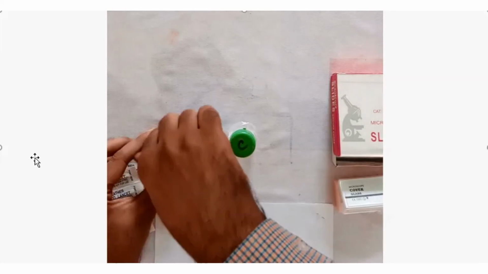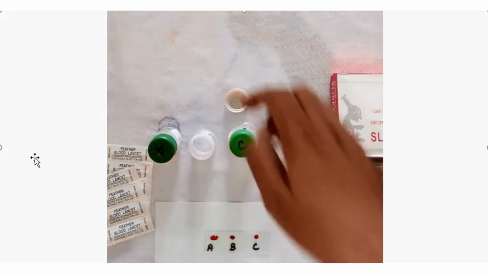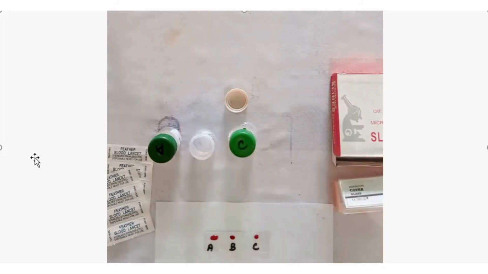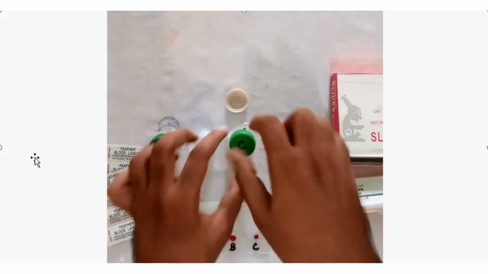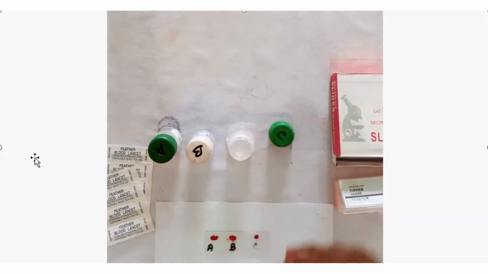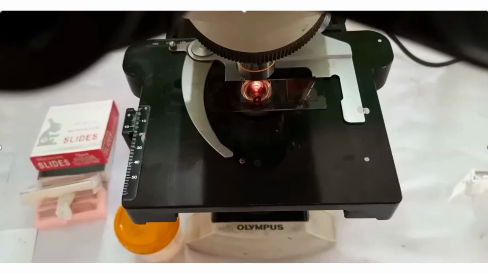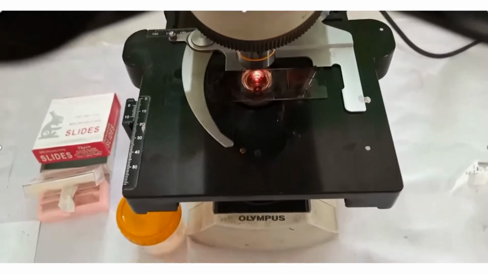Added 1 drop of this isotonic solution and then adding hypotonic solution, that is actually distilled water, in the blood drop B, and a drop from hypertonic solution into the blood spot C. We'll put cover slips on each blood drop and then observe under microscope.